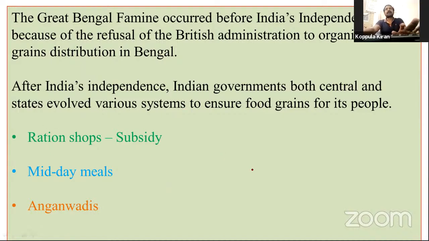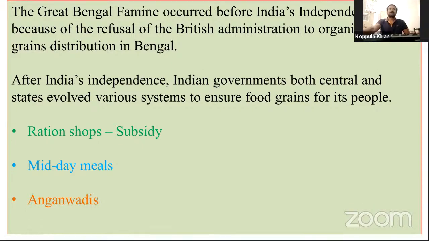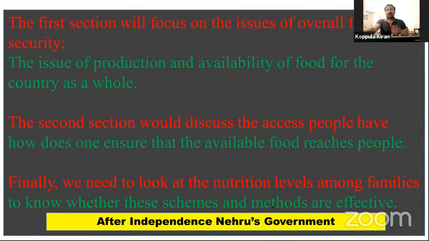After independence, our Indian government concentrated on producing a sufficient amount of food grains for the people. For example, the first Prime Minister of India, Mr. Jawaharlal Nehru, concentrated on the agricultural sector.